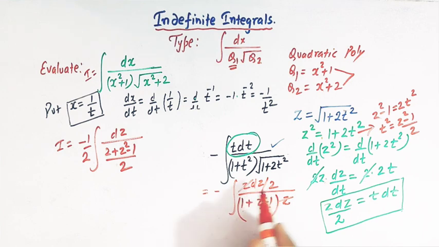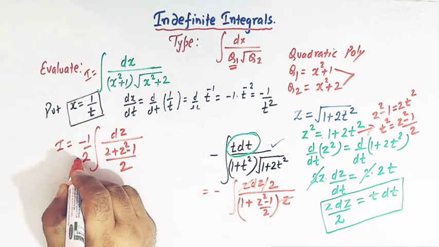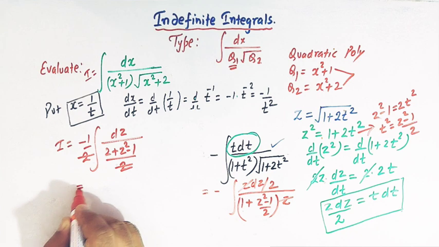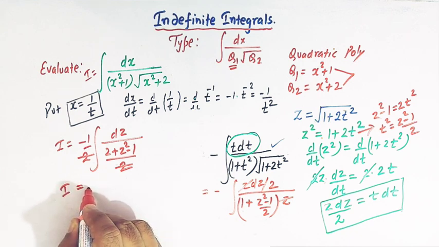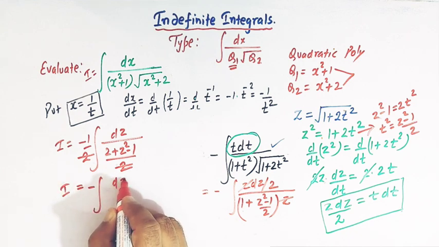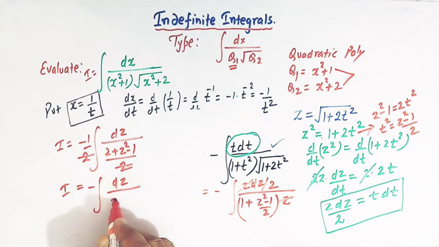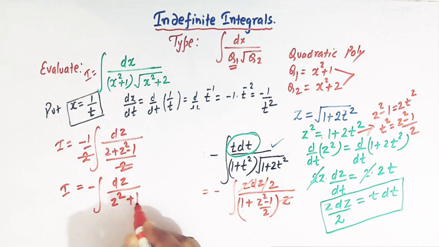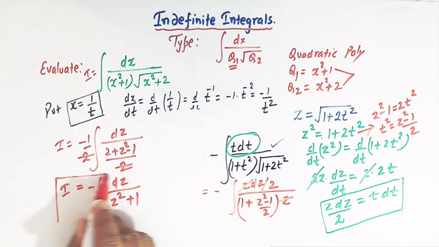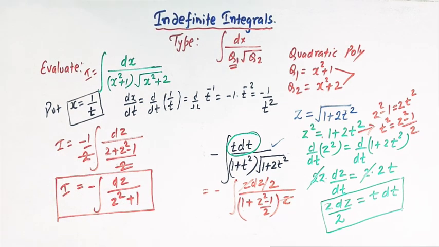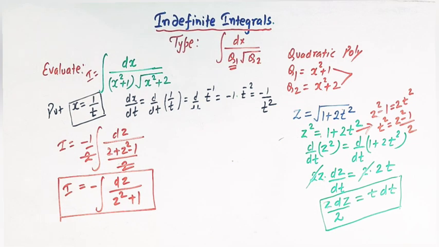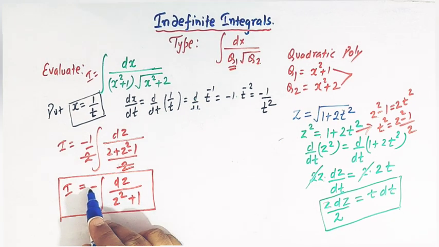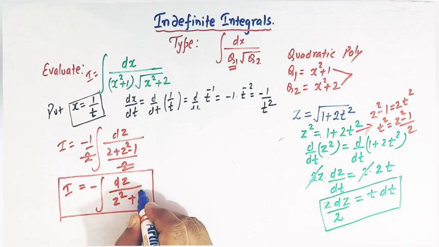So this half is taken outside the integral, so now this 2 and this 2 get cancelled, so we are left with minus, and here we have dz over z square, and 2 minus 1 is 1, right? So now we have this simple integral, right? So now viewers, here we have minus integral dz over z square plus 1. So this can be written as here 1 square.